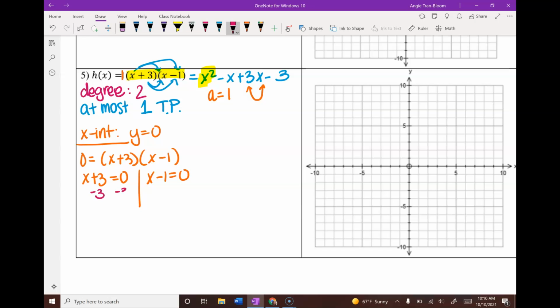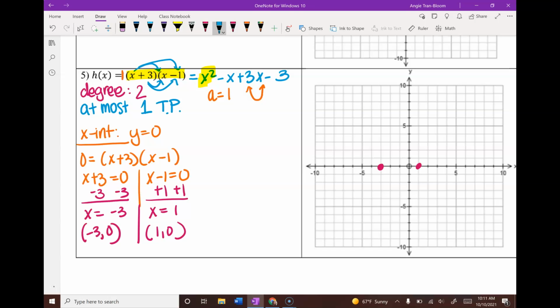The first x-intercept is at negative 3. We can write negative 3 comma 0. Let's plot that right there. And then we're going to add 1 to this side, so the next x-intercept is going to be 1. So 1 comma 0 is the other x-intercept.